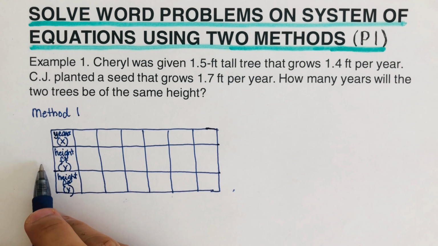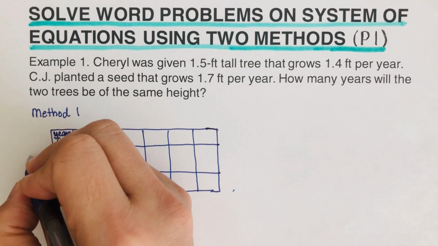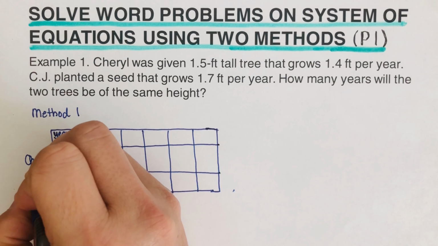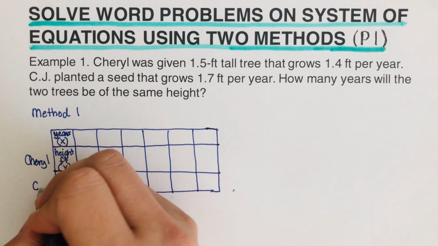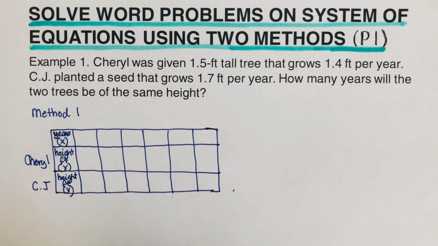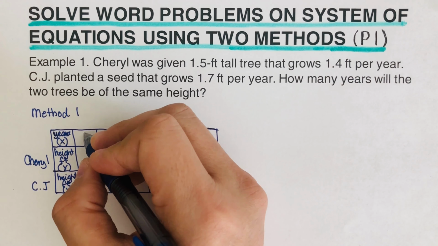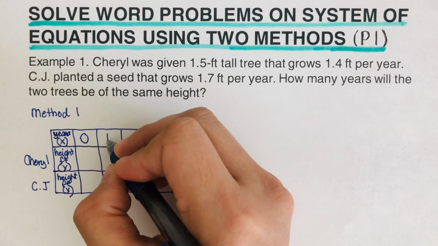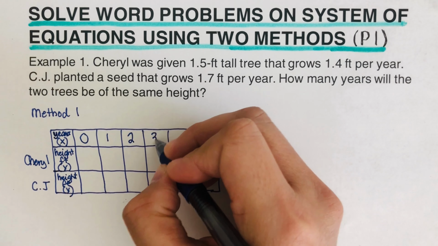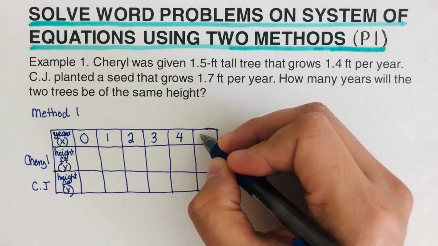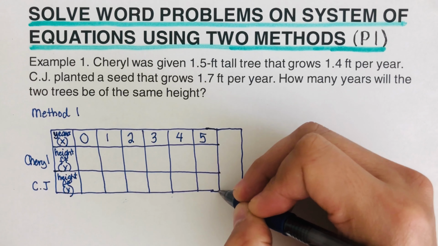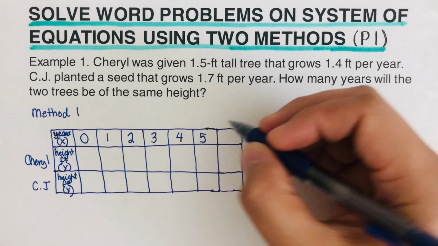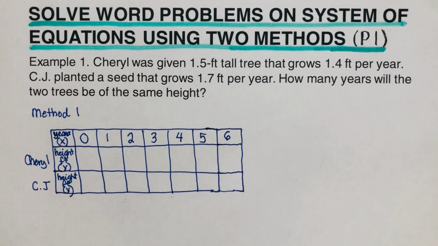The first one is for Cheryl's tree, and the other one is for CJ. Now for the x, we're going to start with 0 year, and then 1, 2, 3, 4, 5, and we can add one more to make it 6. Again, you can add more, but I'm just going to stop at 6.